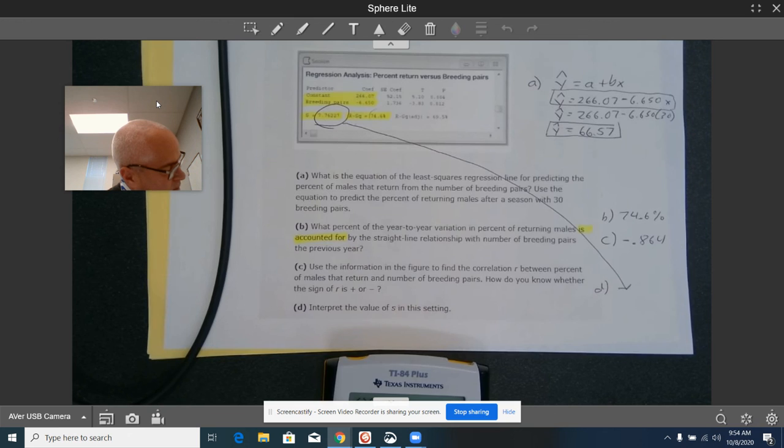Here's the answer to D. When using the least squares regression line with x equal number of breeding pairs to predict y equal percent returning, we will typically be off by 7.76%. Use typically be off when you're describing standard deviation. Thanks for listening.